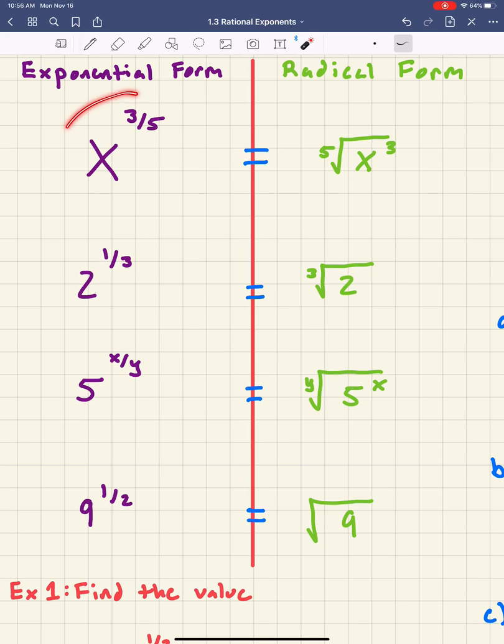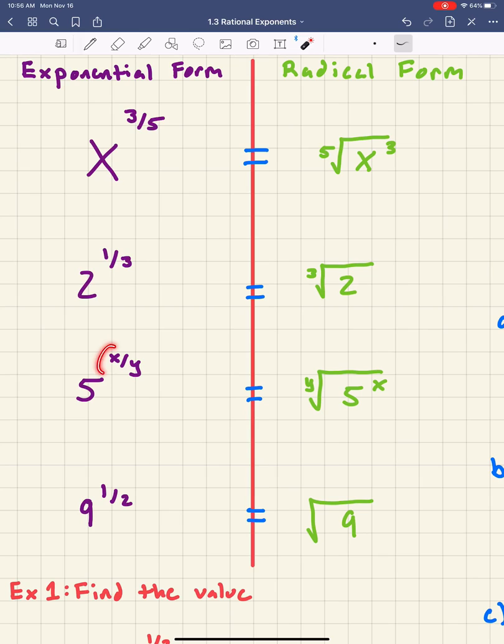So notice how exponential form turns into radical form. The denominator of our fraction becomes the root. This was a 3 on the bottom, and this became a cube root. For the next one, this was a y in the denominator, and this became a y root.